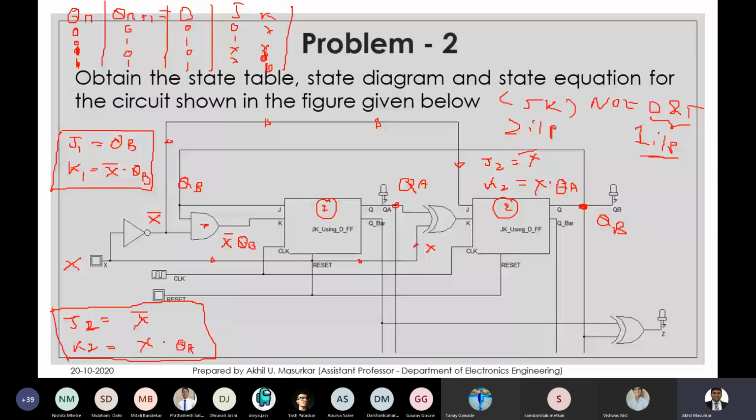Obviously, you should also see the Z, because output is very important. So you can again backtrack and look at this point. This is QA bar, and if you look at this point, it is nothing but QB. So Z would be equal to QA bar. This is which gate? It's an XOR gate.